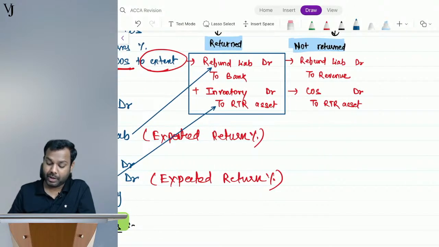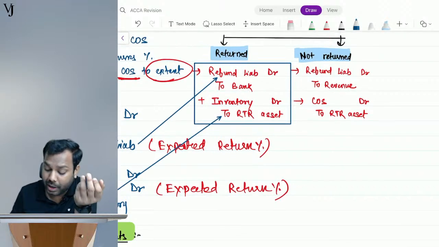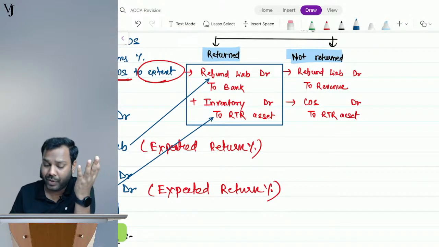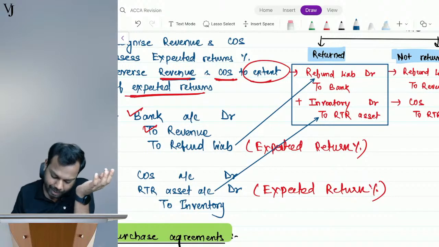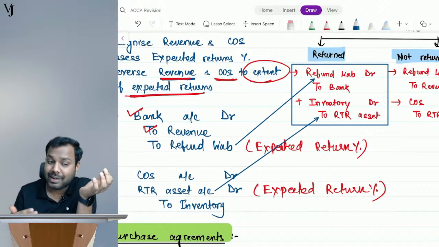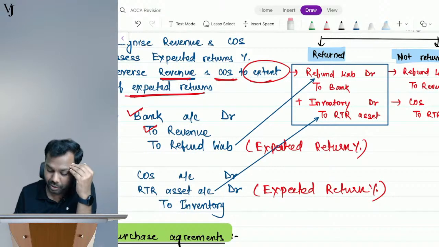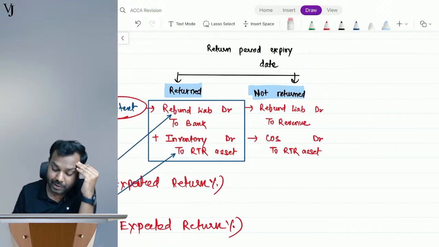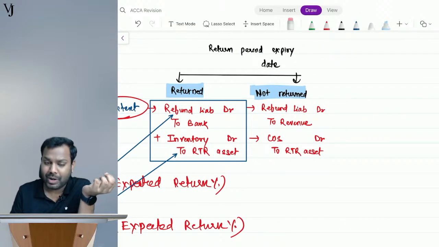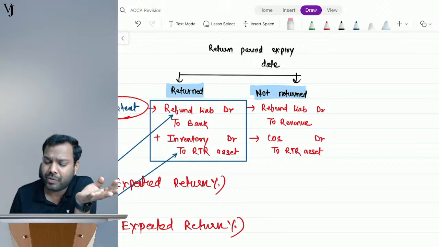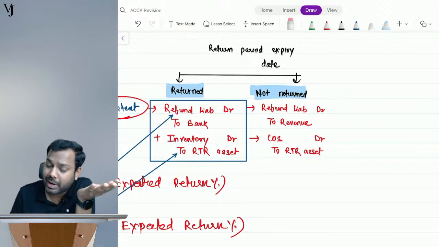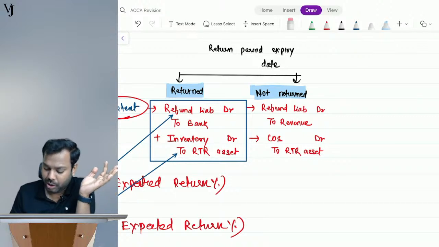Now understand, guys. If it is not returned, basically these refund liability and R2R asset get reversed. If it is not returned, what will I do? I will recognize the balancing figure which I didn't recognize as revenue. I will recognize that also as revenue now. So refund liability I will reverse and recognize the revenue.